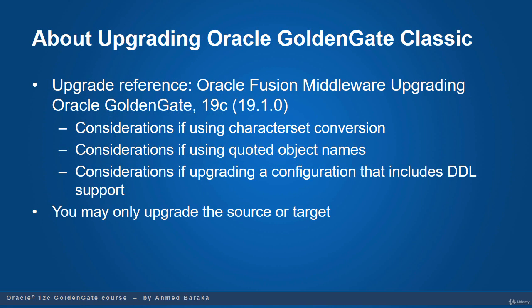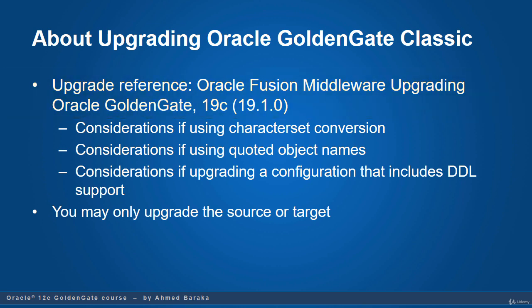After reading the release notes and deciding to go ahead with upgrading GoldenGate, refer to the Upgrade Reference documentation. Its title is Oracle Fusion Middleware Upgrading Oracle GoldenGate 19C 19.1.0. This document is available on the internet and can easily be obtained by just searching for it.